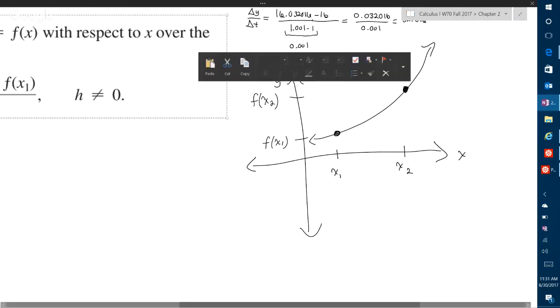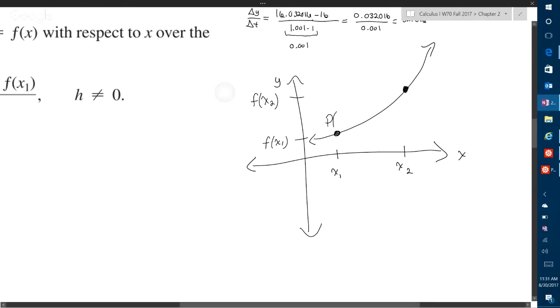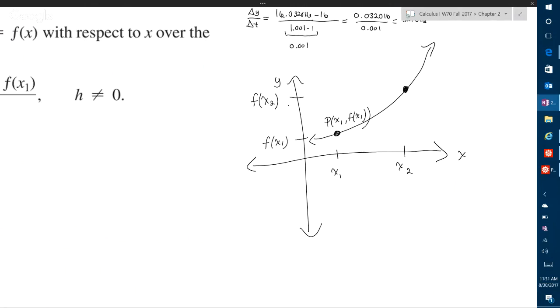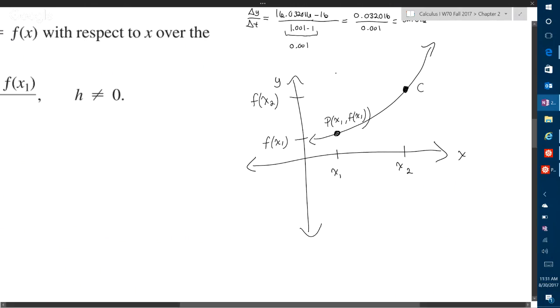So let this be point P. Point P has a coordinate of x1, comma, f of x1. I need another parenthesis around that. That's point P. And then the point to the right of it, Q, has a coordinate of x2, and then comma, f of x2. And I need to close that parenthesis.